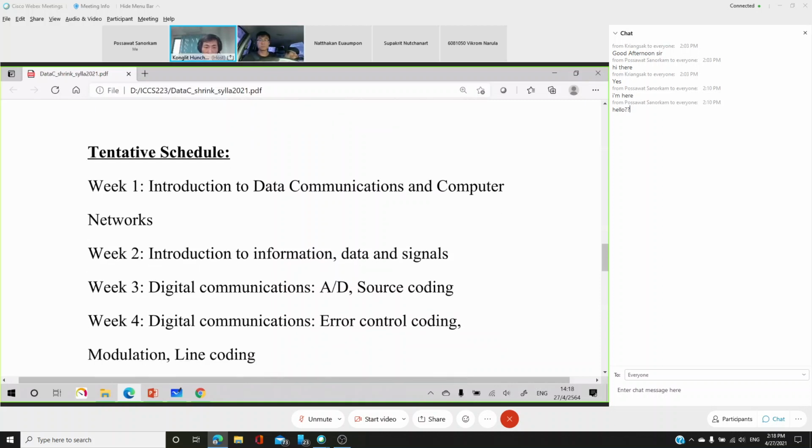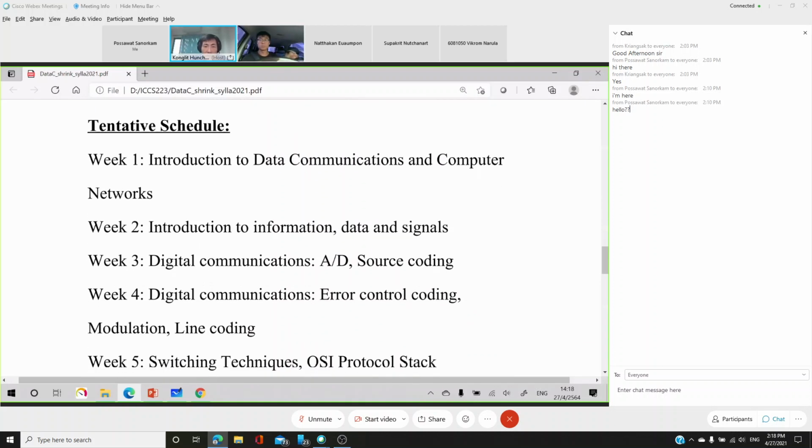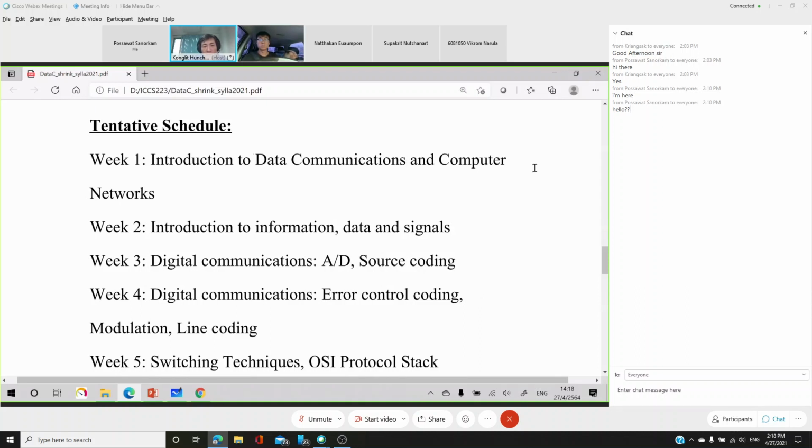And then the second week, actually, I would try to start this this week. The introduction to information, data, and signal. So there are differences between the terms information, data, and signals.